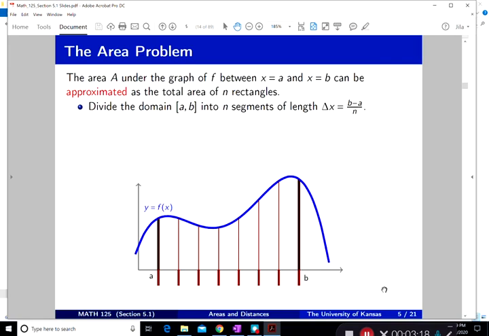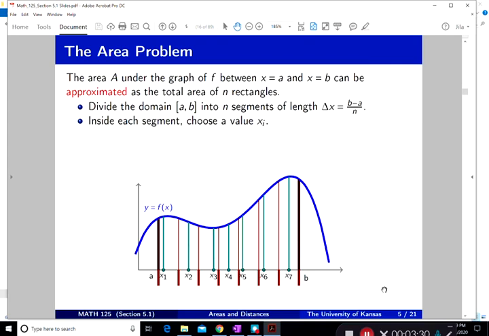And so here is the division, and then we choose sample points in each interval. Using those sample points, we find a height, and the height is how we plug the sample point into the function.